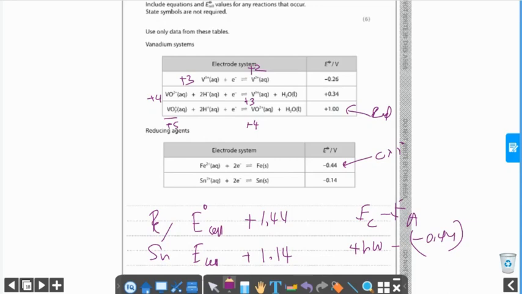So the question arises, are we to write one or both? Are we to stick to one or both? The question says compare and contrast the use of iron and tin in this reduction process. You have to compare and contrast similarities and differences. So you have to write that both iron and tin can be used here. You can't just select one because both can be used.